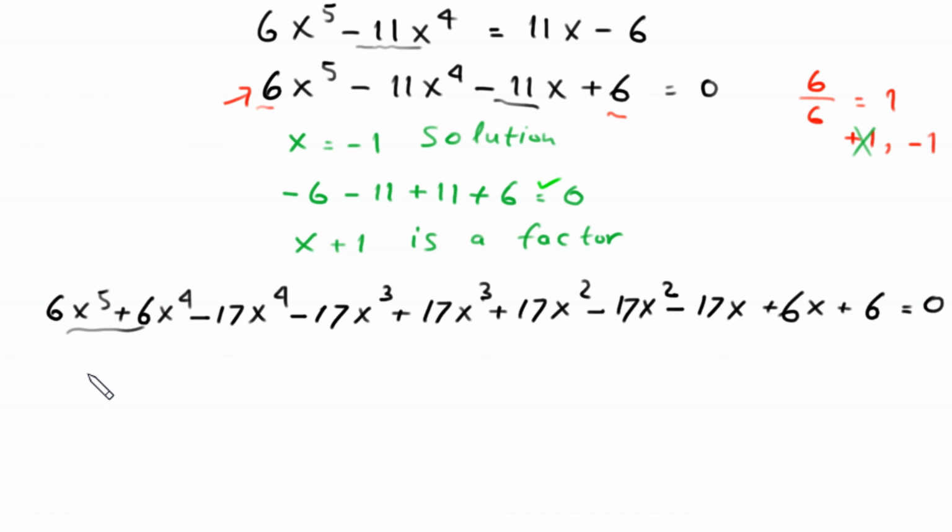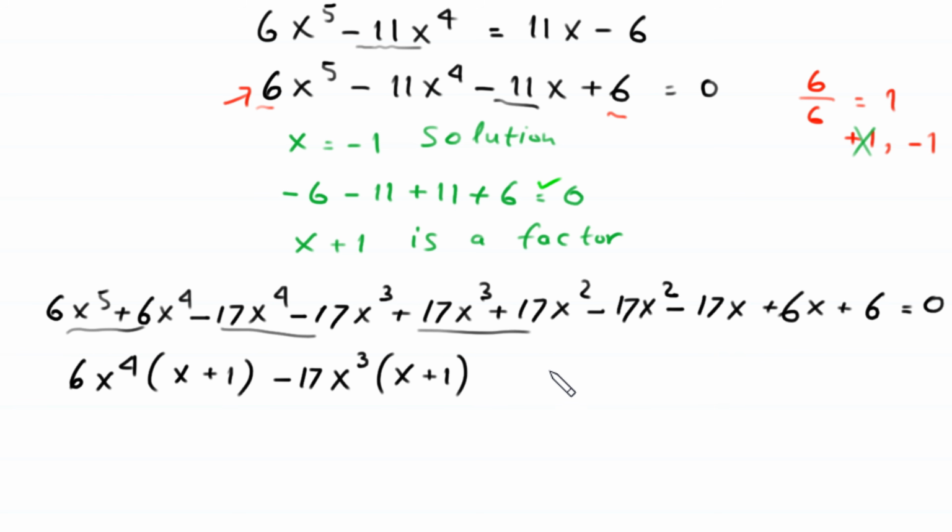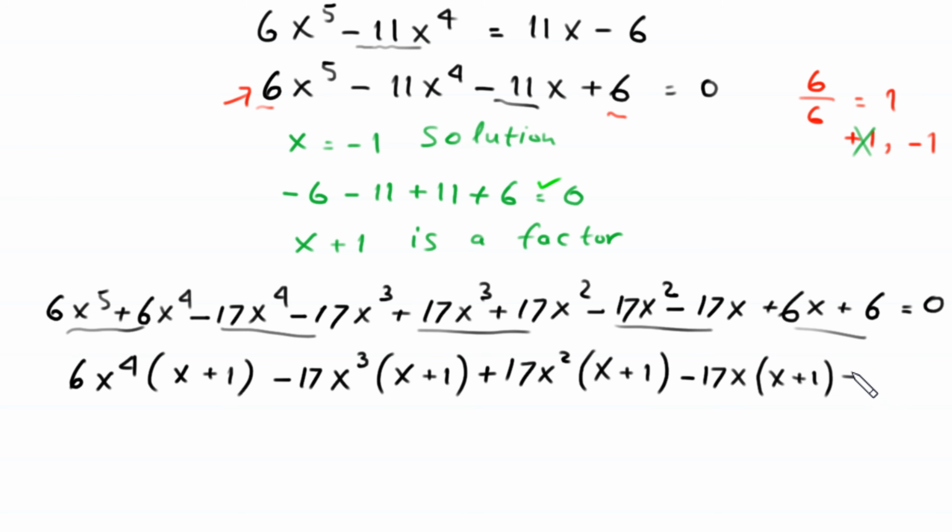From these two terms we can factor out 6x to the power 4 in bracket x plus 1, and from these two terms we can factor out negative 17x cubed in bracket x plus 1, and from these two terms we can factor out plus 17x squared in bracket x plus 1, and from these two terms we can factor out negative 17x in bracket x plus 1, and from these two terms we can factor out plus 6 in bracket x plus 1, and this is equal to 0.